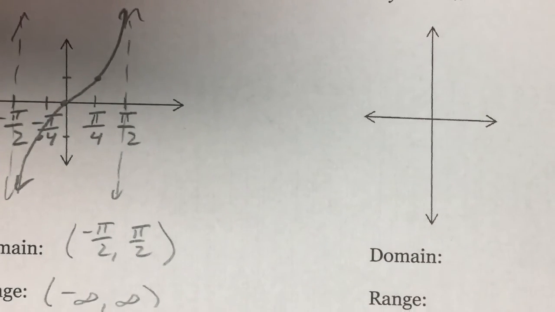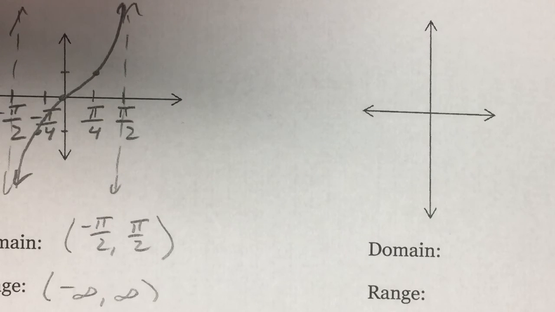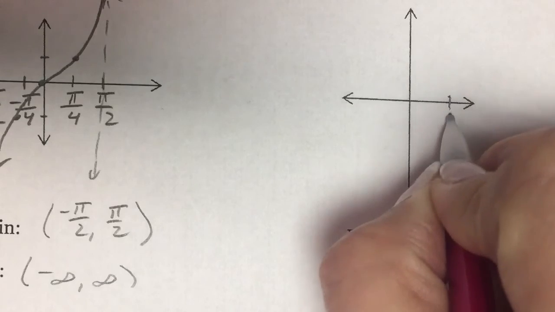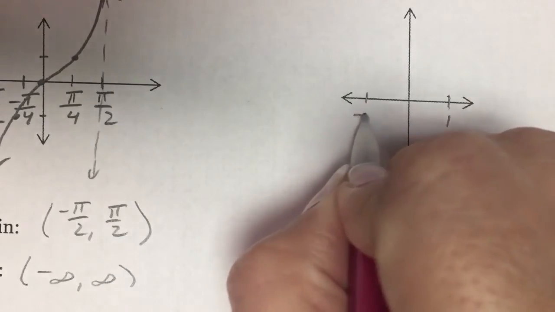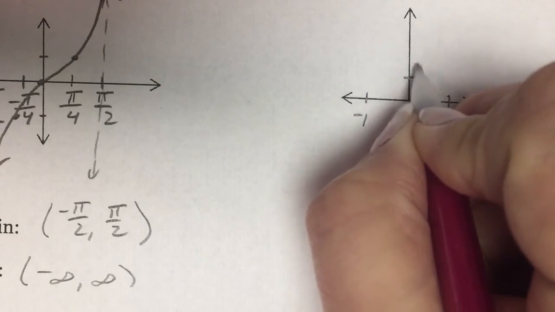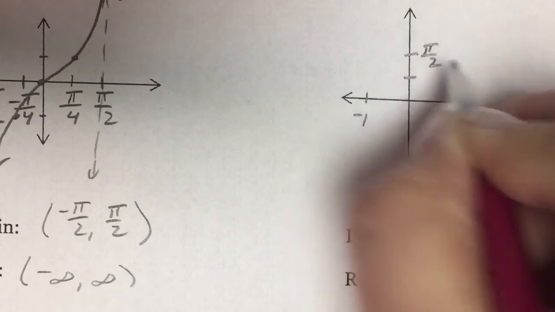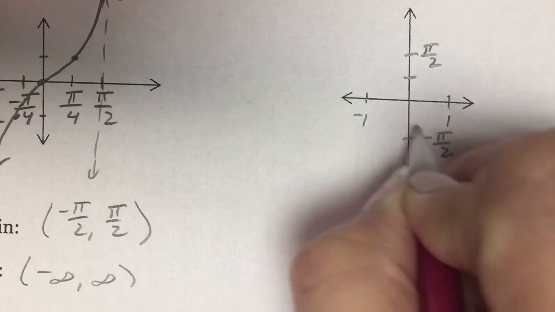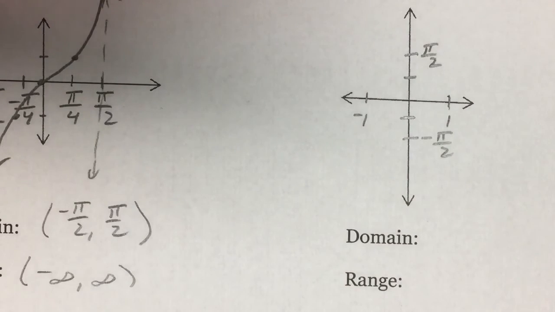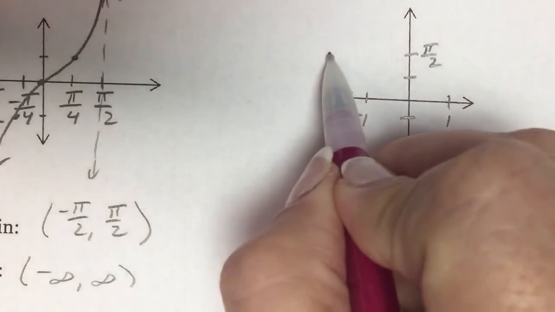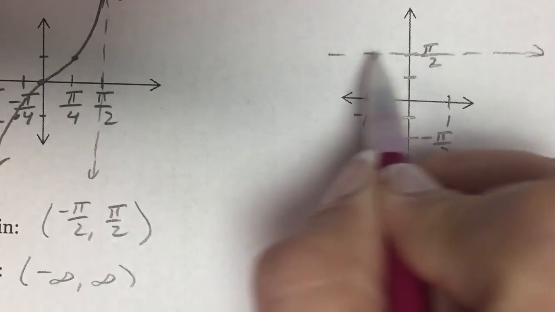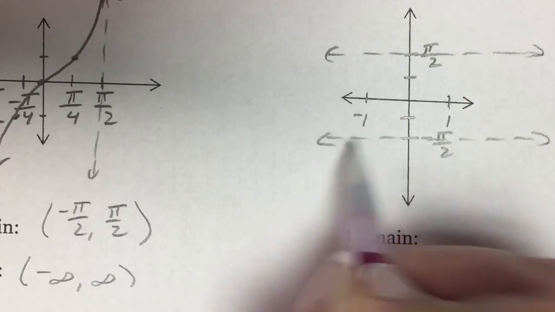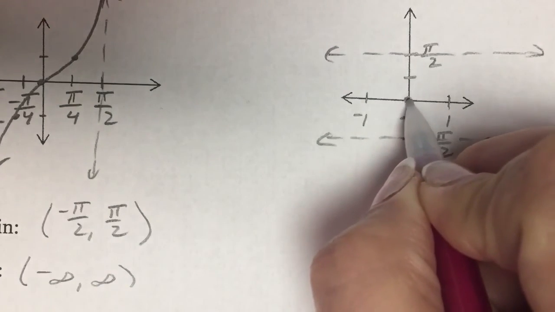So now when I flip that, when I go to do my inverse tangent, we're going to have a 1 here and a negative 1. And this is going to be positive pi halves, that's pi fourths. And this is going to be negative pi halves, and that will be negative pi fourths. Our vertical asymptotes become horizontal asymptotes. Everything is flipped. It goes through the origin.